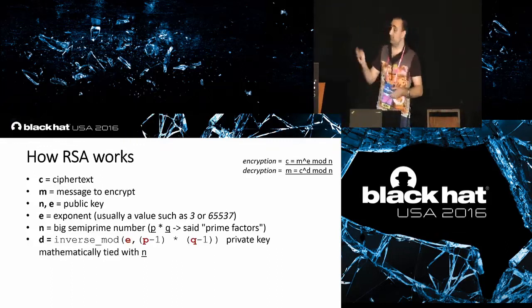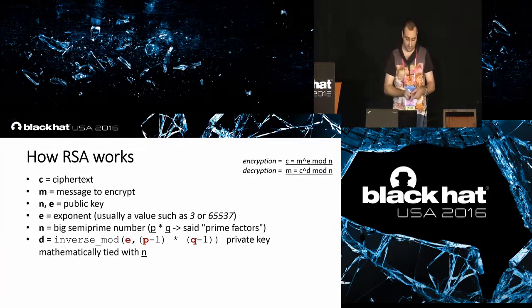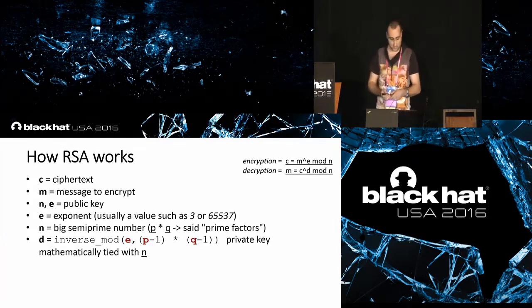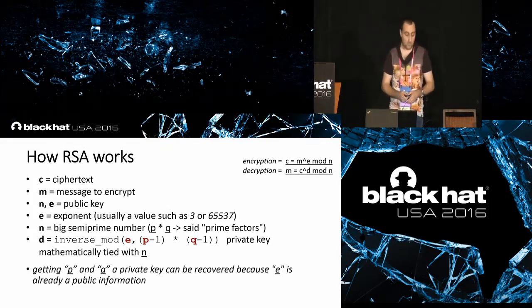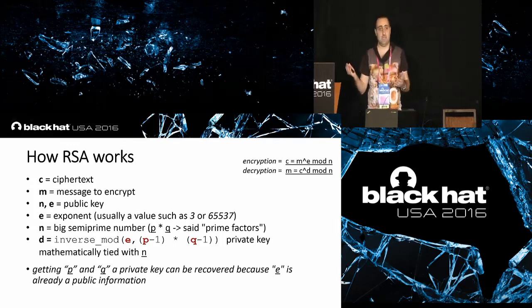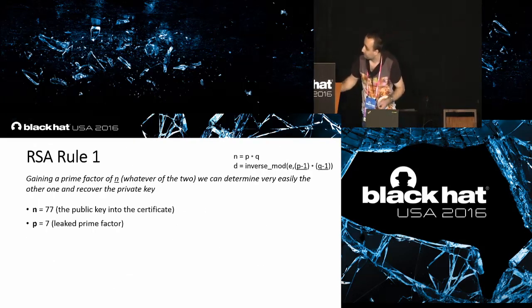D instead is the private key, which is generated by providing three pieces of information to the inverse modular function, which are P, Q, and E. So, by getting P and Q, we can calculate the private key of the server very easily because E is already public information.